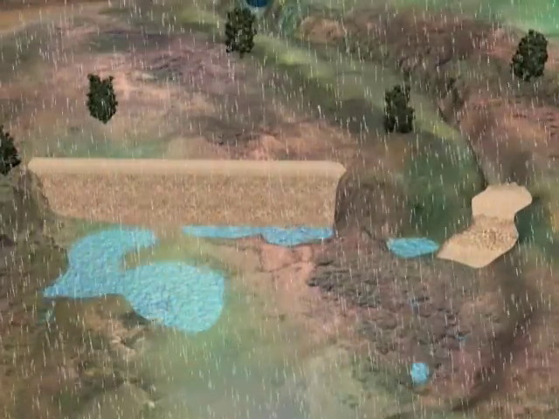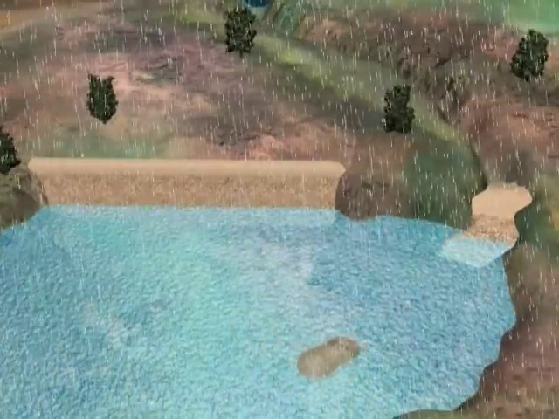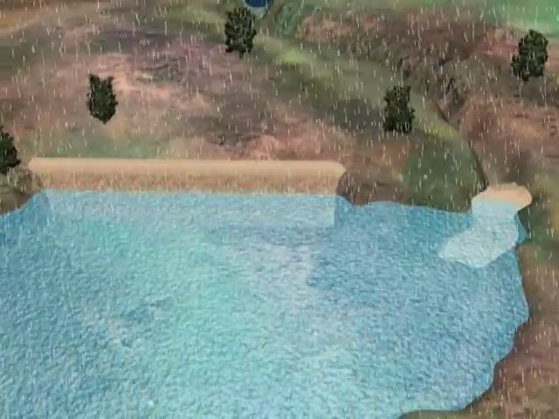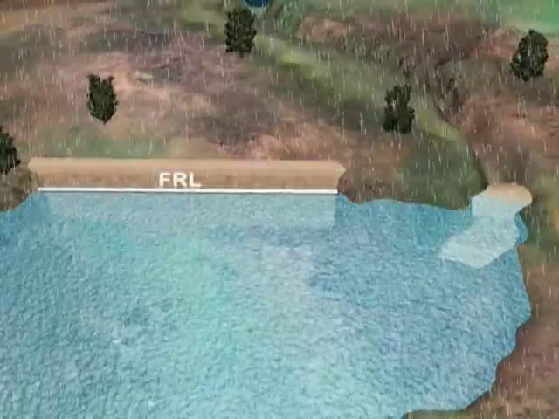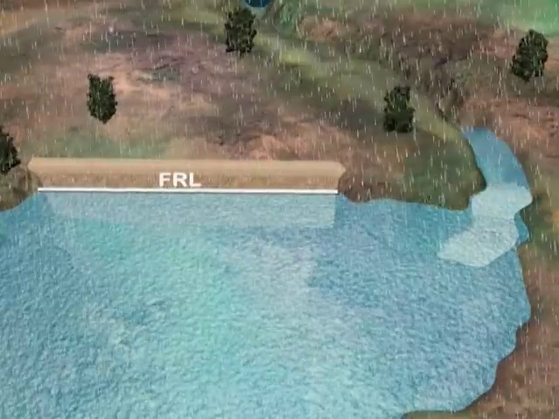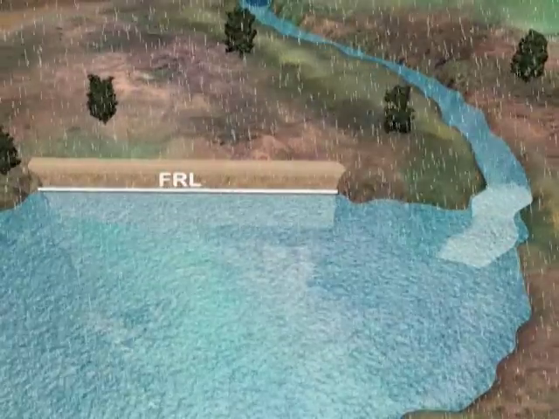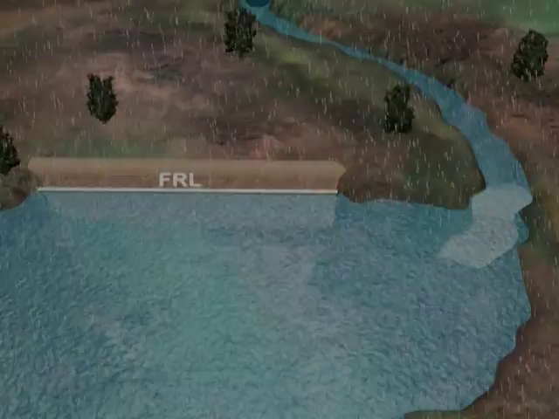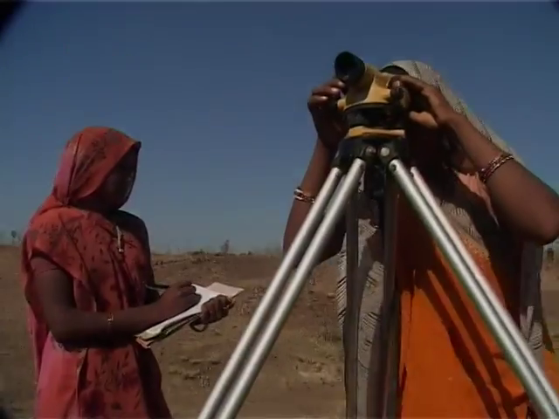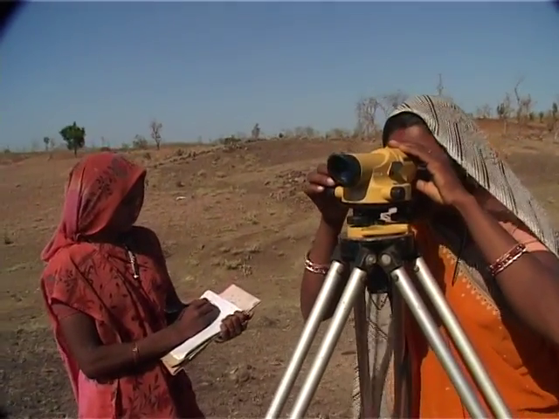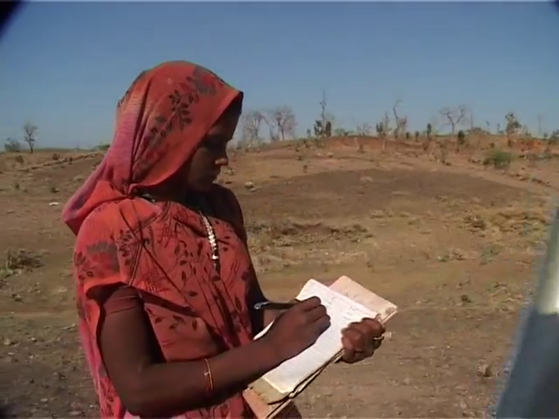Keeping all these factors in mind, we fix the full reservoir level or FRL of the dam. The FRL indicates the maximum level up to which we can allow water to remain filled in the reservoir. To arrive at this level, we carry out a dumpy level survey in the submergence area of the dam.